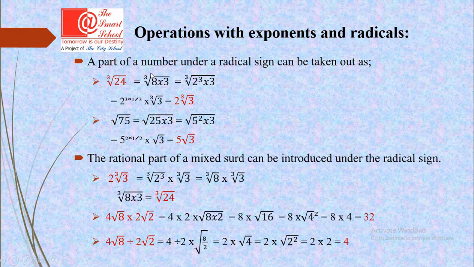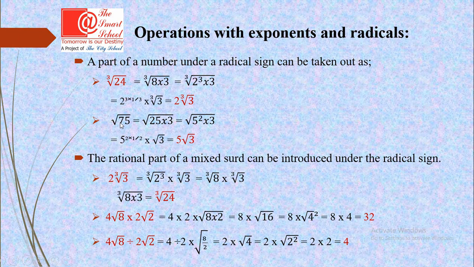So this can be cancelled, 3 by 3, and 2 remains, which comes out of the radical. So 2 is the rational part and 3 radical of order 3. So the answer of 24 radical of order 3 is 2 times 3 radical of order 3. I hope this is clear.